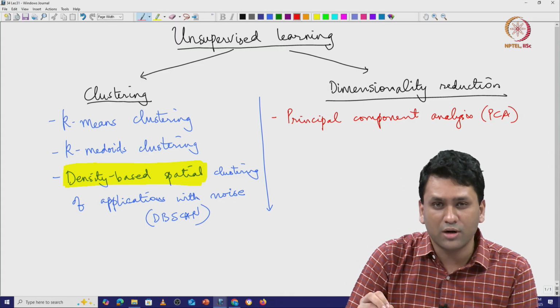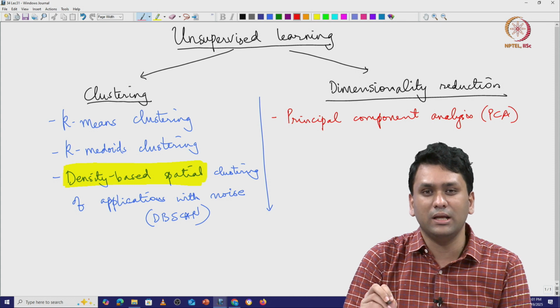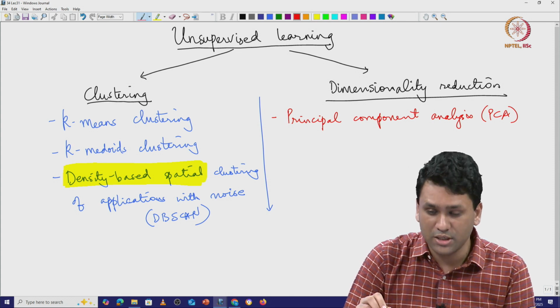But later a lot of developments have happened in nonlinear dimensionality reduction, which is very important.